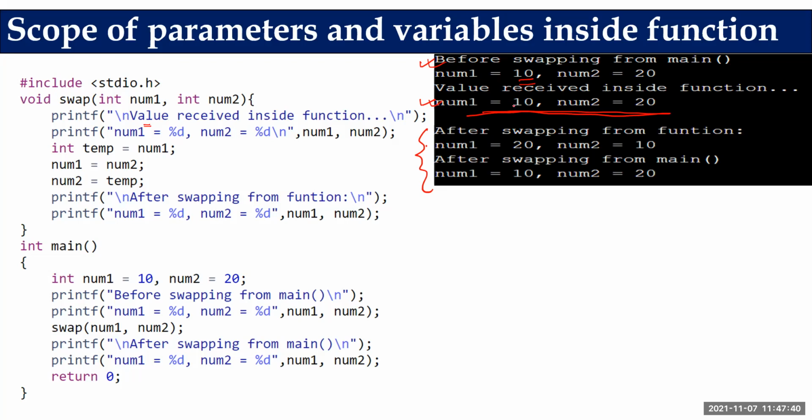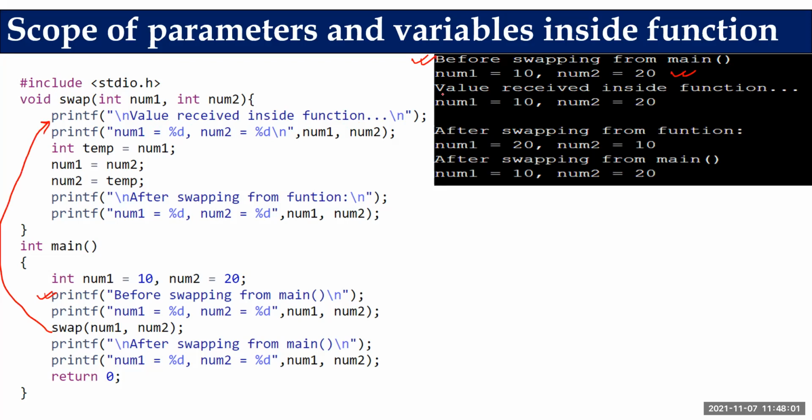So let us discuss the output. We started from this line, before swapping from main. It prints the values 10 and 20. Yes, 10 and 20. So now the function call gets executed.